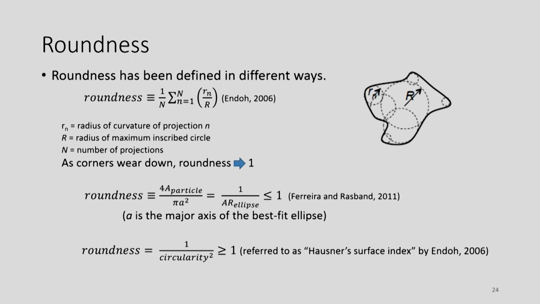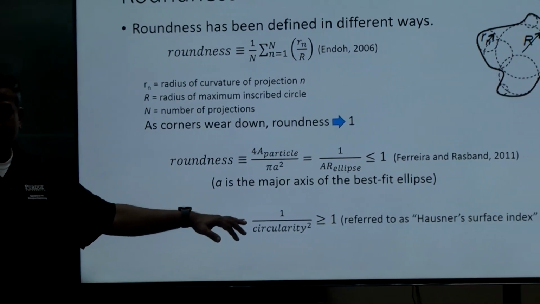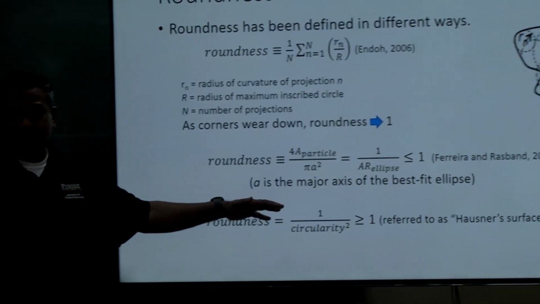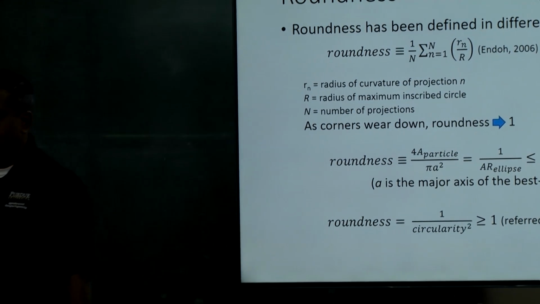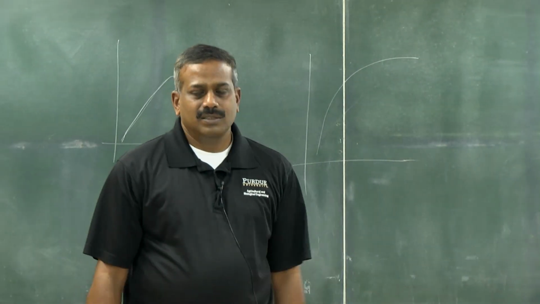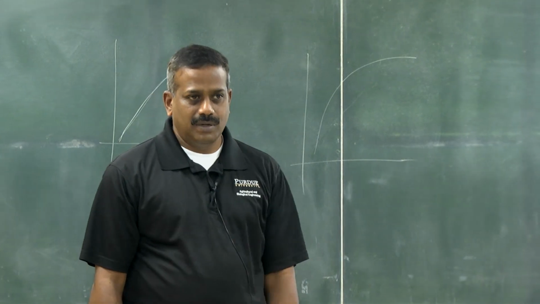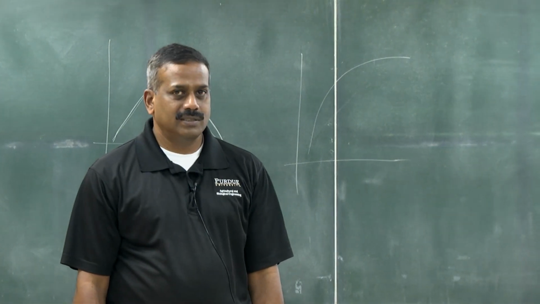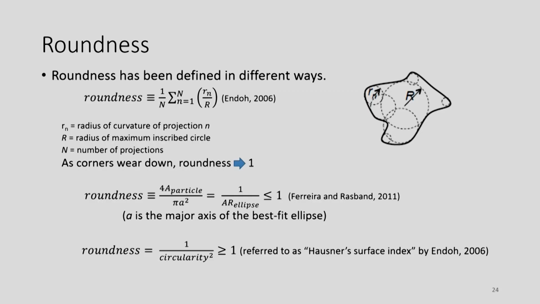Again, there are different formulas. It depends on the equation you use. You might see different formulas used for calculating roundness, from the area or from circularity, etc. So when you are writing a paper or your thesis, make sure to mention the formula you used to calculate roundness. Different software, like Malvern, might use a different formula than ImageJ software.